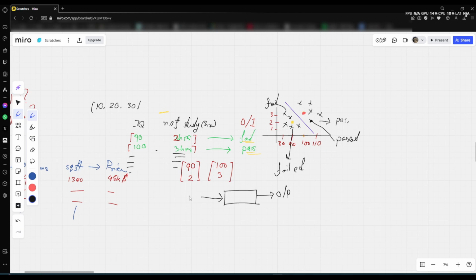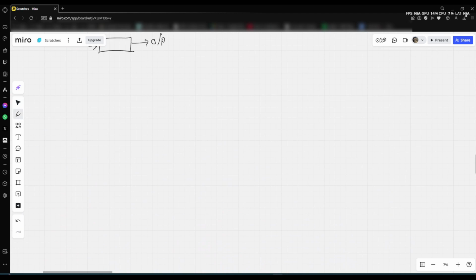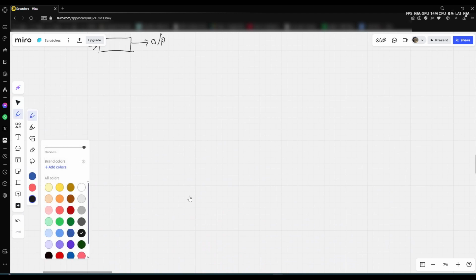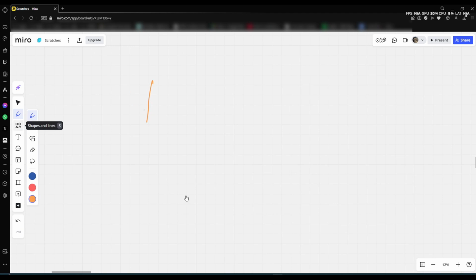If you're into gaming, let me talk about GTA. Just imagine you have a car, and in GTA you are riding a car. Yes, this is the car that you are riding.